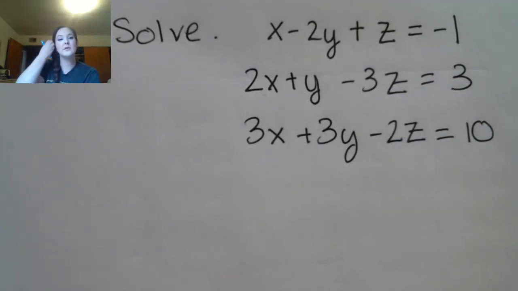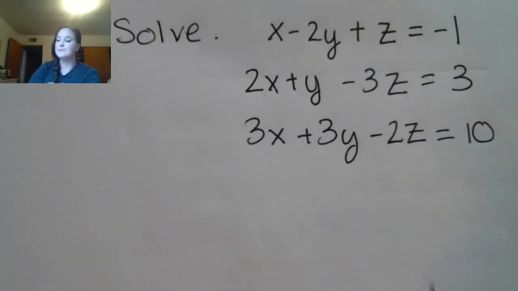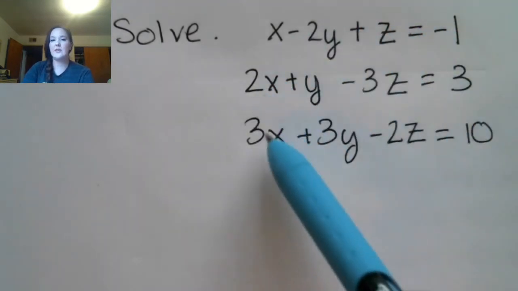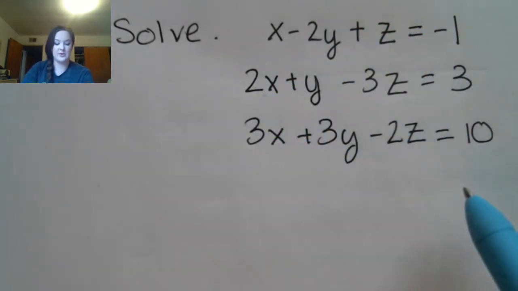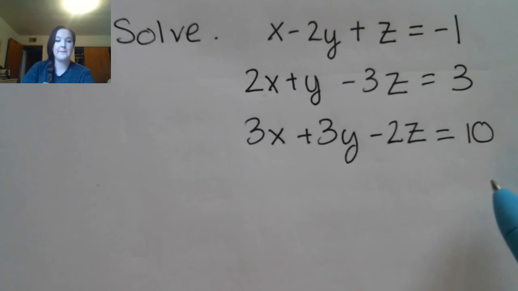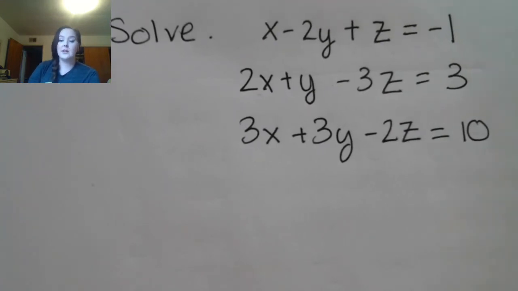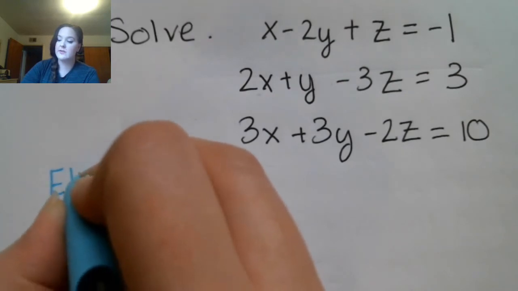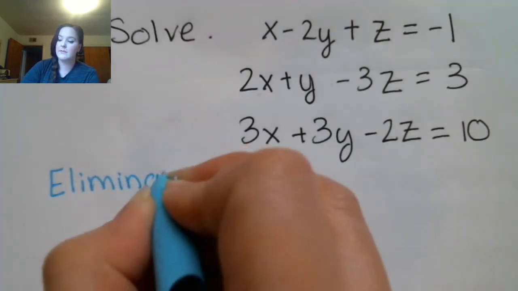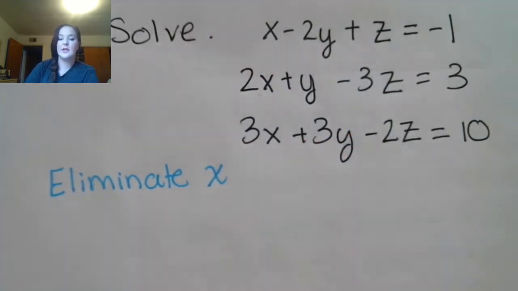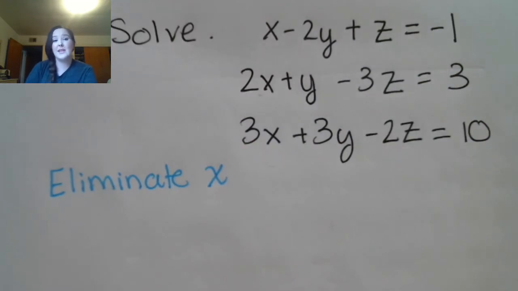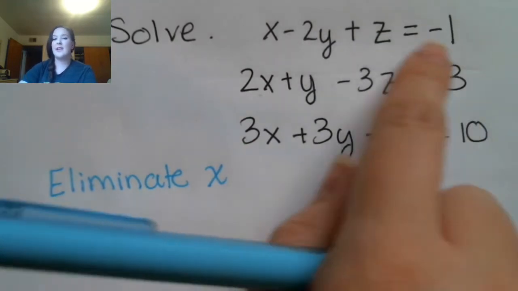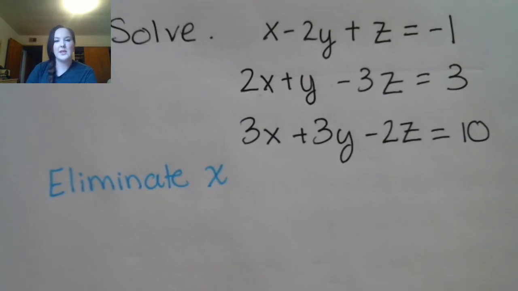So in terms of choosing a variable to eliminate, there's nothing here that would be too difficult to do. We're just going to eliminate x, but that's largely just a choice. In general, you want to choose something that's going to be easy to eliminate, but here really any of them would be easy.